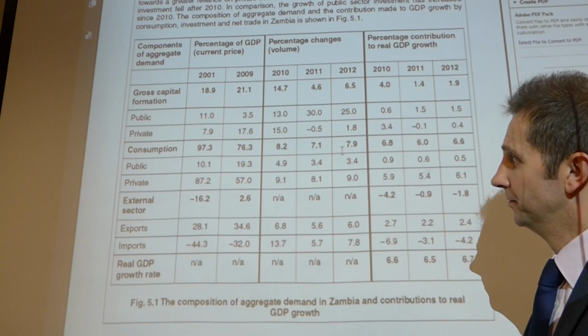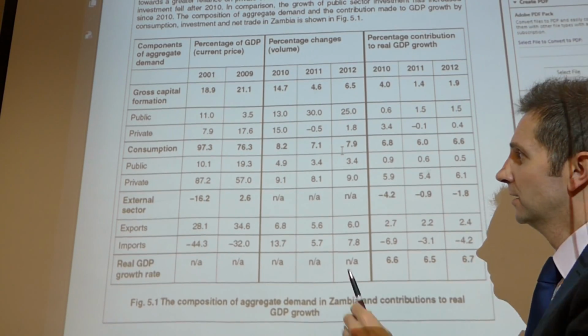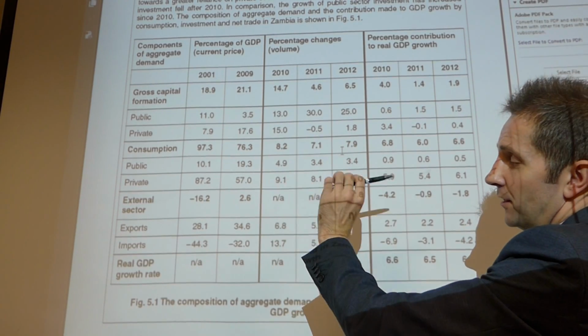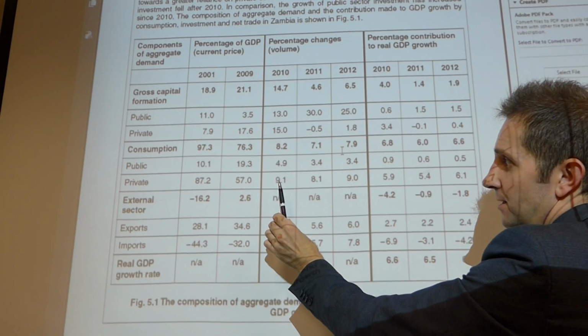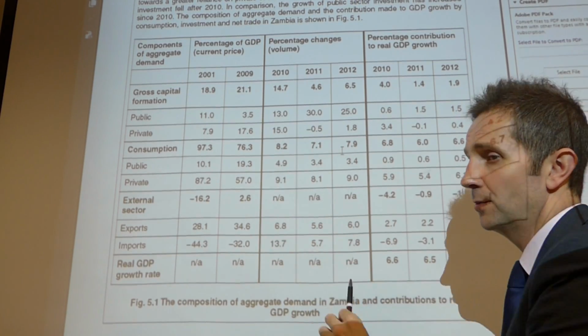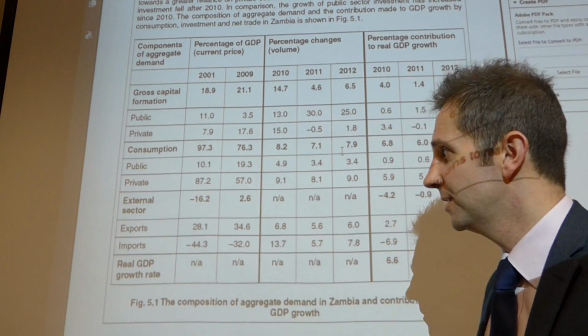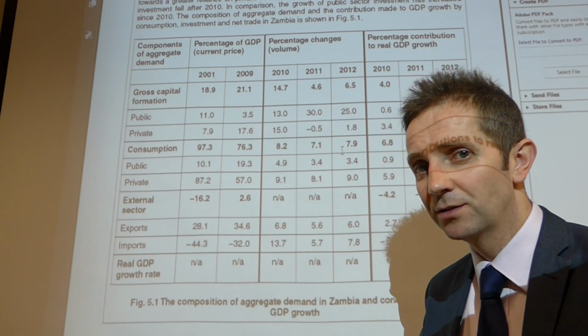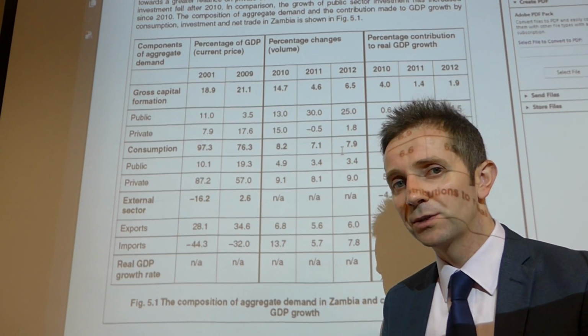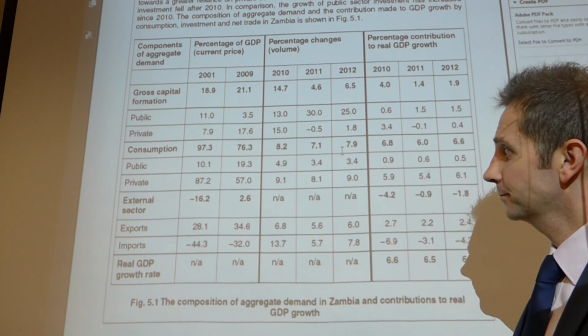What about consumption? Well, again, we can see that in terms of increases, again, it's the private elements which are going up. So the household spending, it's switching back to the economy being reliant on household expenditure here.